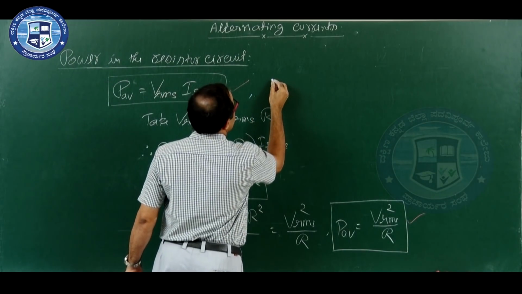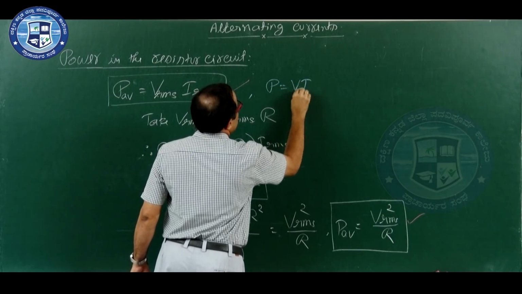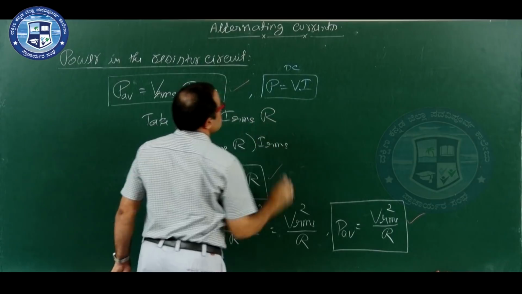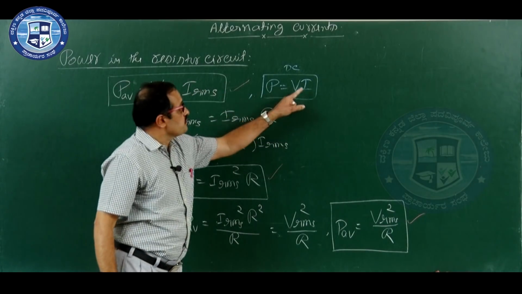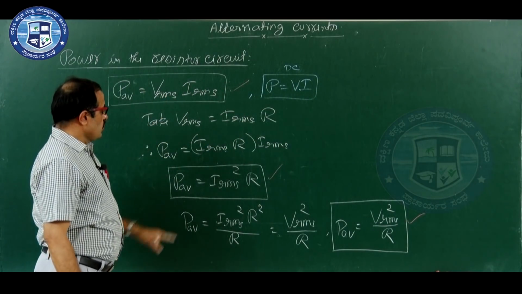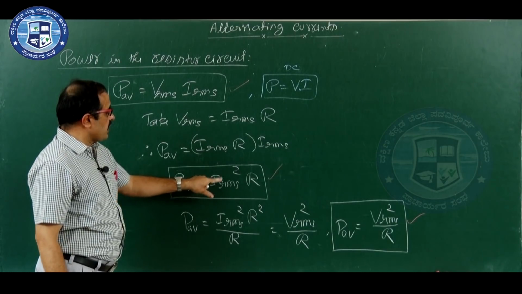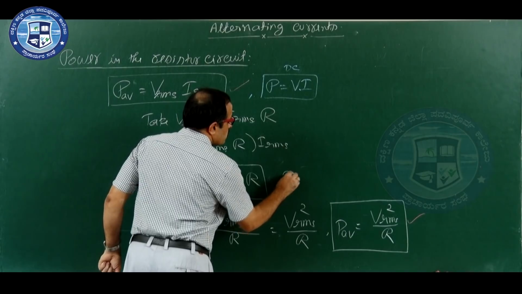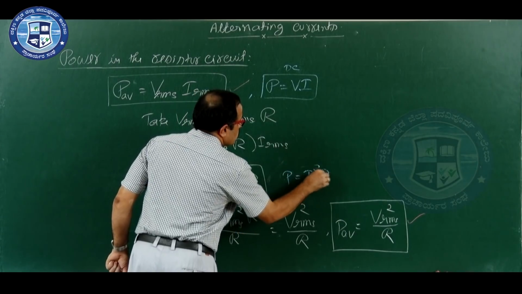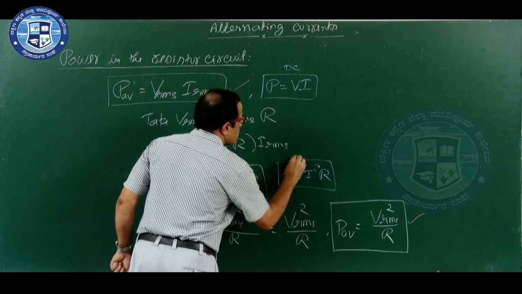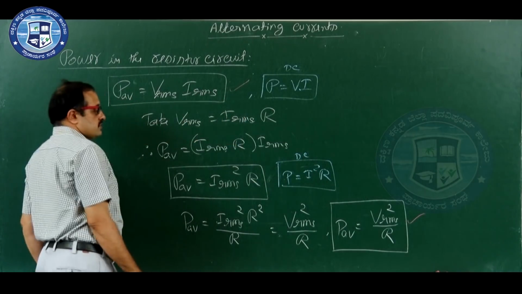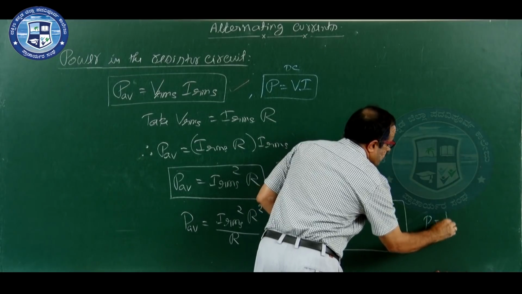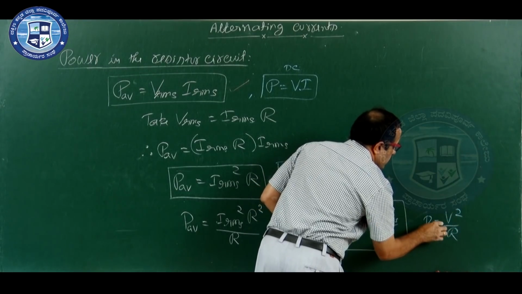What about in a DC circuit? VI. In a DC circuit, remember, power is equal to VI. It is similar to that. Look at this formula, P average is equal to IRMS square into R. It is similar to the equation P is equal to I square R in a DC circuit. And this is similar to power is equal to V square by R.